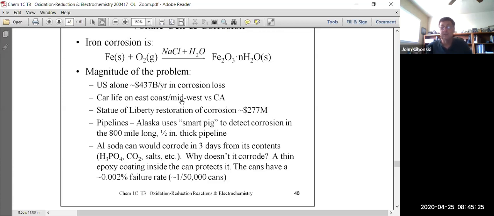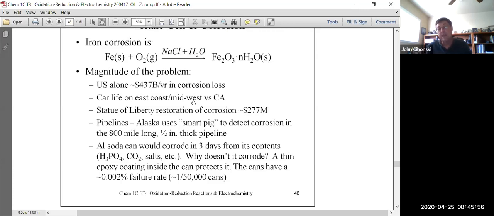But on the East Coast, in past years, if you bought a new car, literally within 3 to 4 years, you would see the car rusting out. Toward the bottom, on the paint, you would see blistering. And if you scratch those blisters, the paint would come off, and you would see the rust underneath, that orangish brown color of rust.